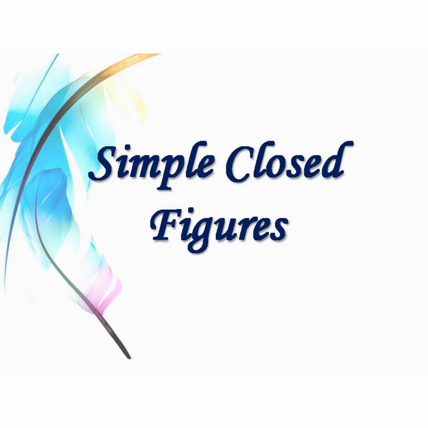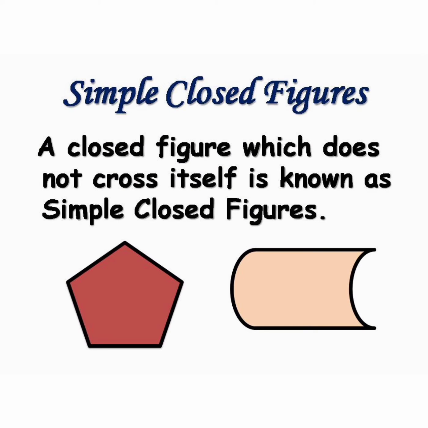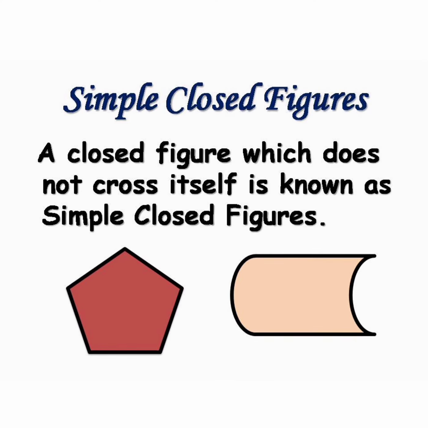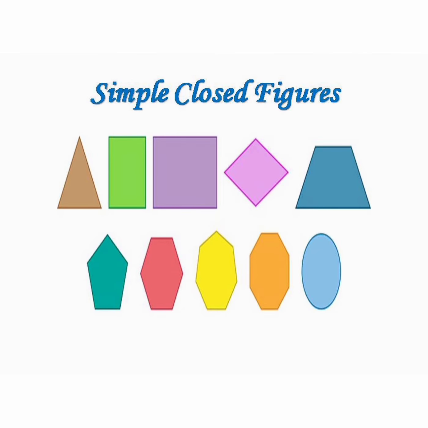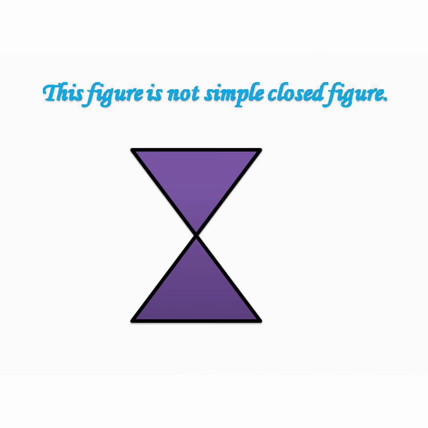Now we can define simple closed figures. A simple closed figure is a closed figure that doesn't cross itself. These given figures are simple closed figures, but this figure is not a simple closed figure as it is crossing itself.